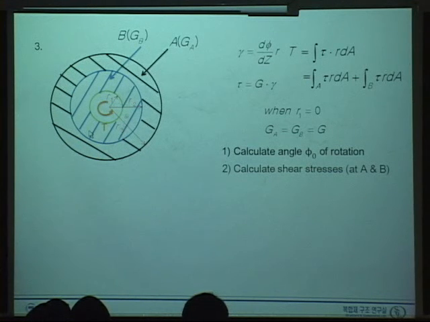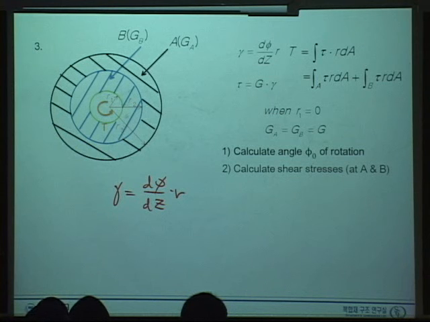To solve this one, gamma is always r dphi/dz, right? So dphi/dz is a constant, and shear strain is proportional to the radius r.